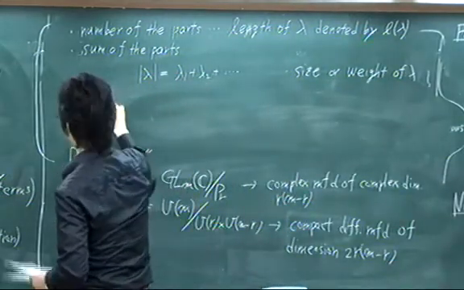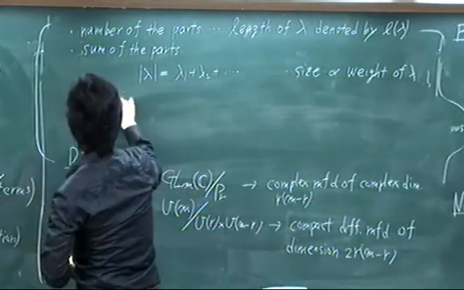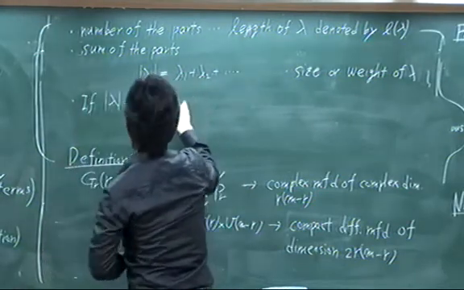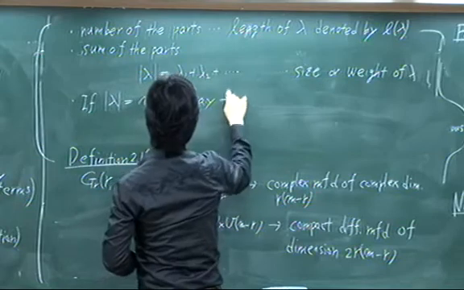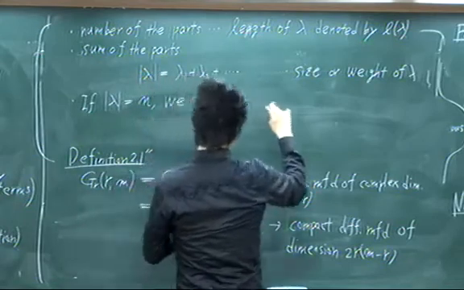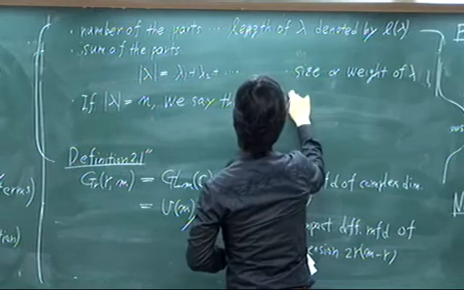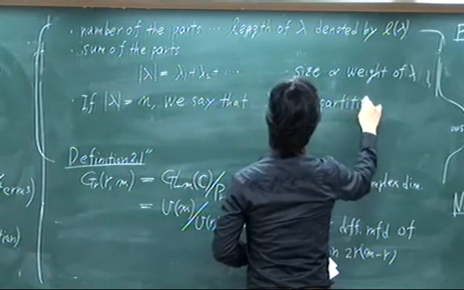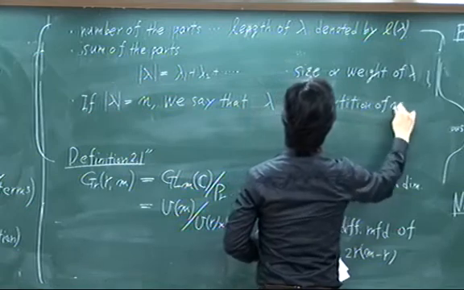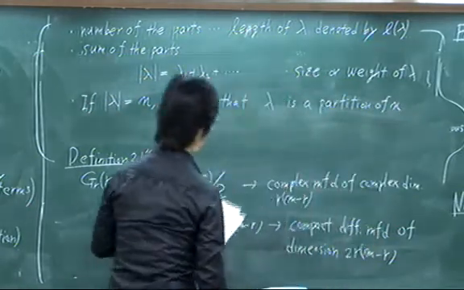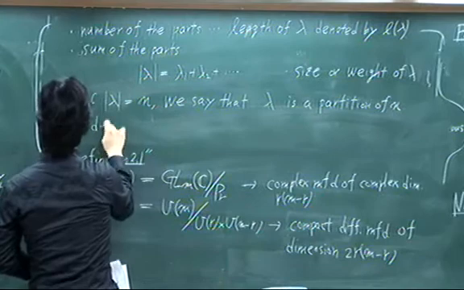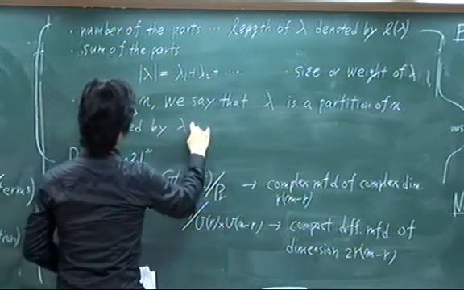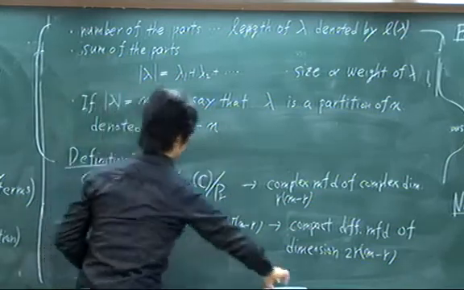If the size of lambda is equal to n, we say that lambda is a partition of n, denoted by lambda ⊢ n.